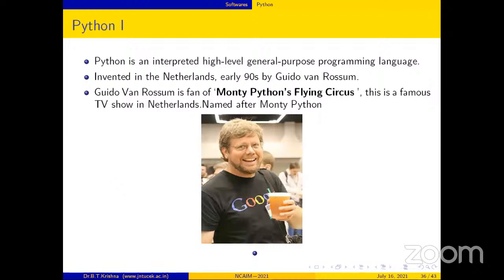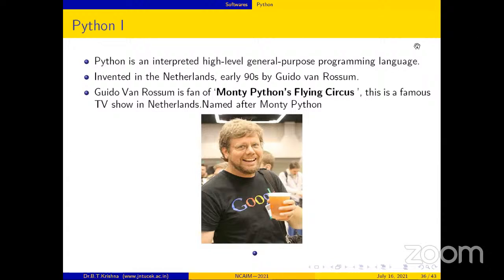Now let us go to Python. The disadvantage of MATLAB is that it is paid, proprietary software, may not be available to everyone unless it is procured by the college. But Python is a high-level programming language, available freely on the internet.